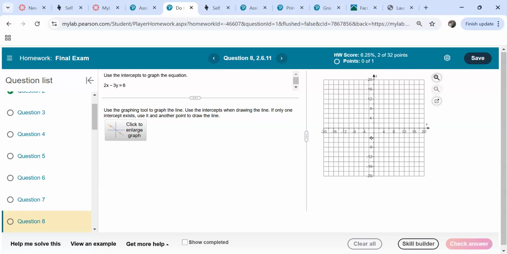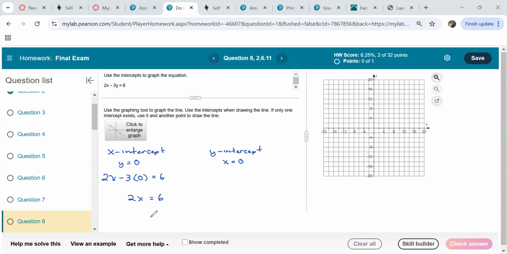So using intercepts to graph, that means I need to find my x-intercept and I need to find my y-intercept. So x-intercepts happen when your y is 0 and y-intercepts happen when x is 0. So for my x-intercept, I just had to take the equation and replace my y with a 0.